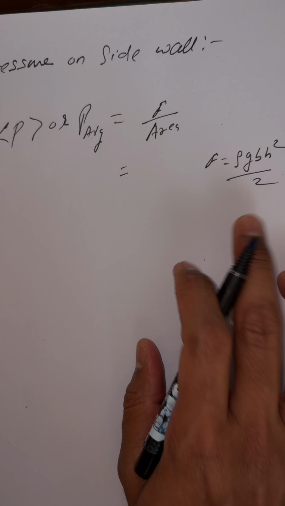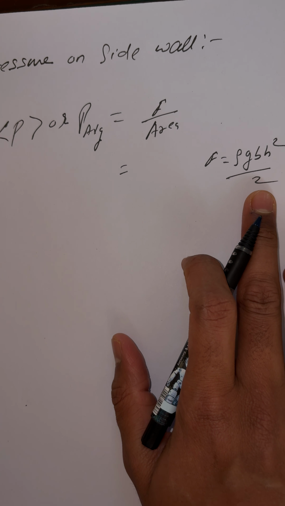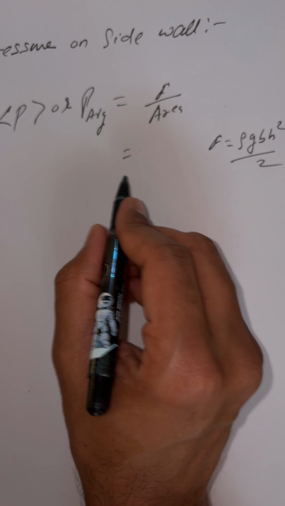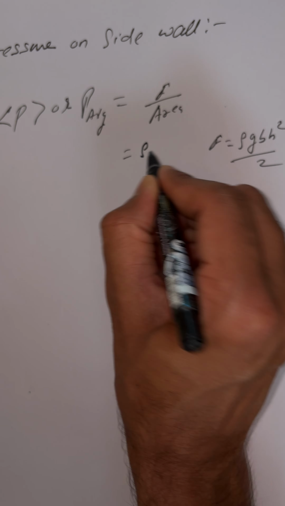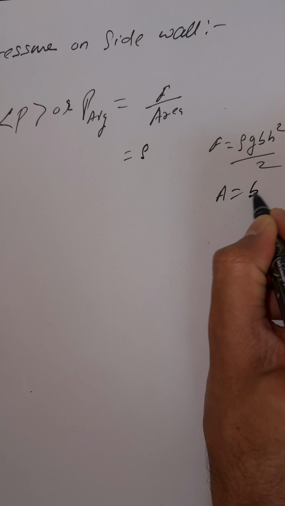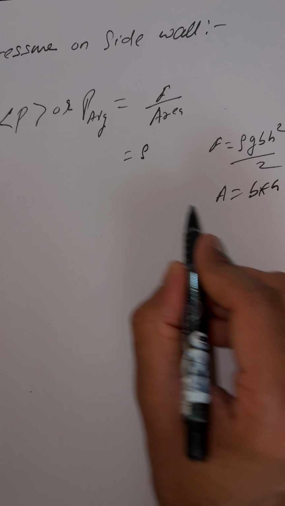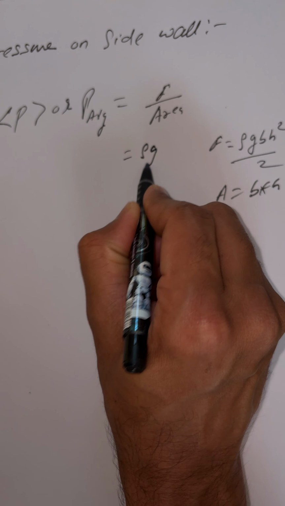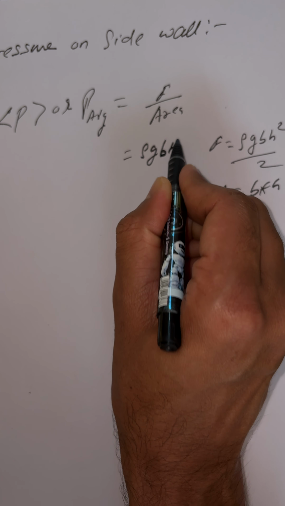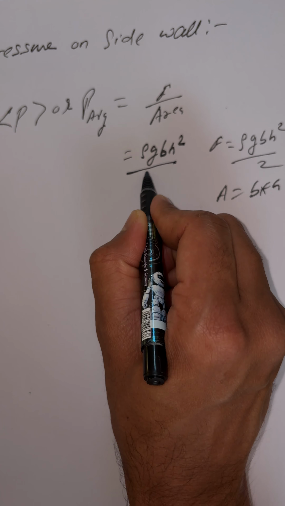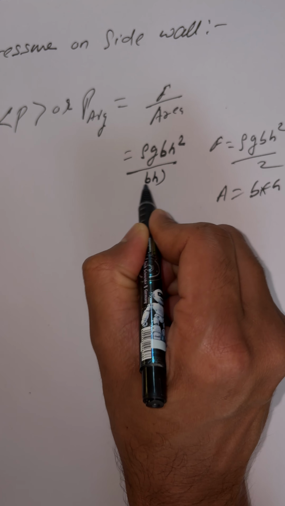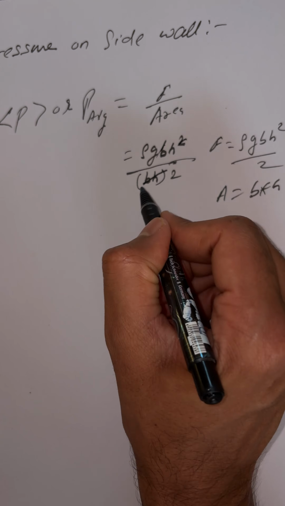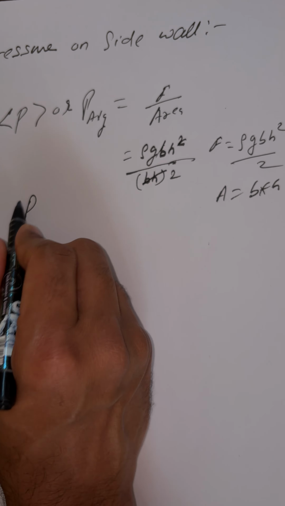Now just finishing this formula derivation. So now students, I'll use this. You can say rho, and what's the area? This is base into height. So now you can say rho g b h square by b into h into 2. You can see, students, this bh and bh cancel each other. So what you will get?